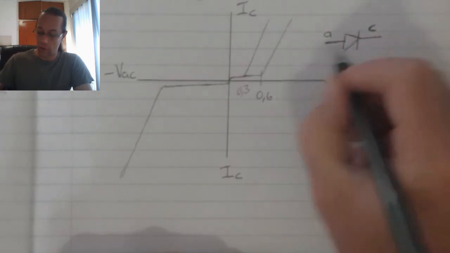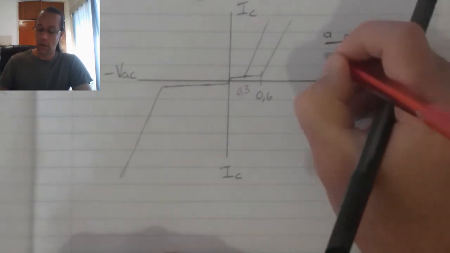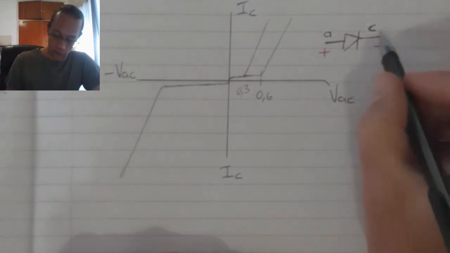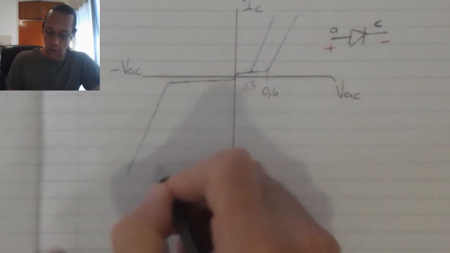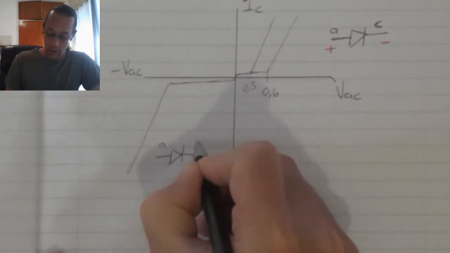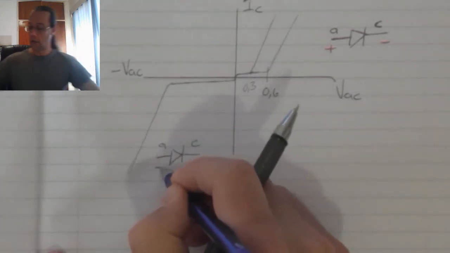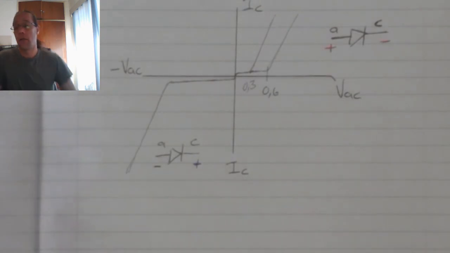So if this is my symbol and this is a forward bias, it means I've got a positive on the anode and a negative on the cathode, which means I will get conduction. And when we look at the reverse bias, there's my anode, there's my cathode. Reverse bias means negative on the anode and positive on the cathode.